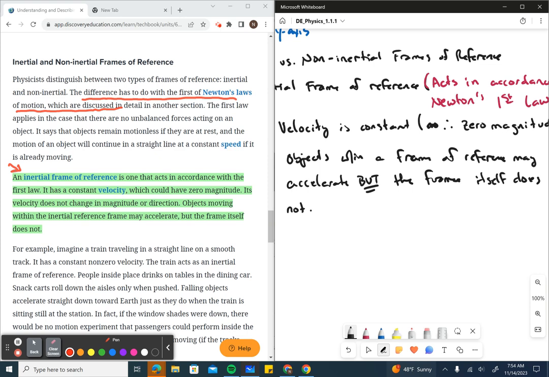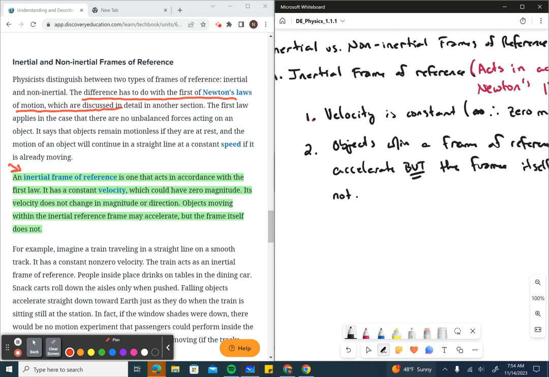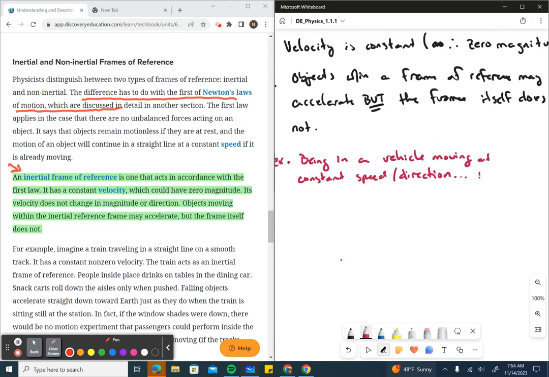So that's, we'll just say, examples. Being in a vehicle moving at constant speed and direction, that is the frame.